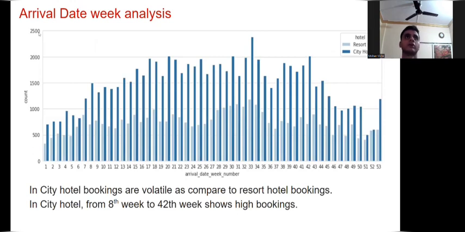For weekly analysis, just like in monthly analysis, the value increases and then after that starts decreasing. From the 8th week to the 42nd week the value increased, but after that there is a decrease in the count.